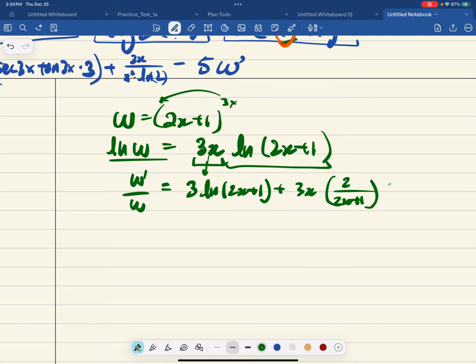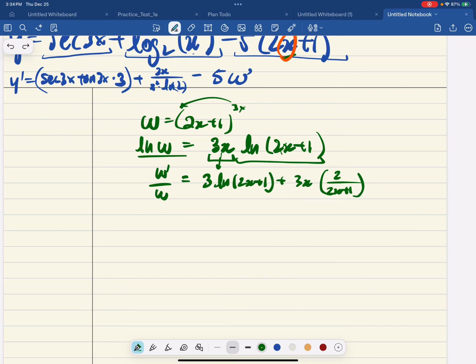That's the inside of the function derived divided by the original inside, multiplied by 3x untouched, because the rule is u prime v plus u v prime. We just apply the rule.